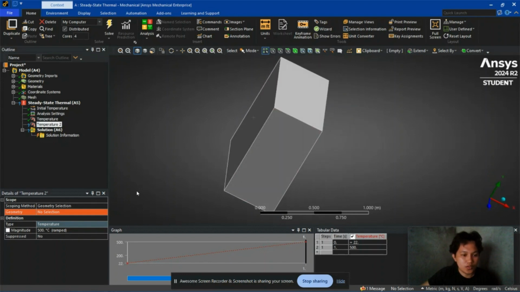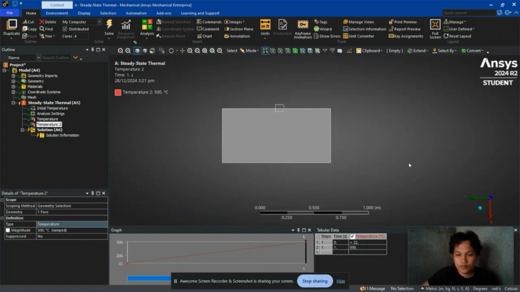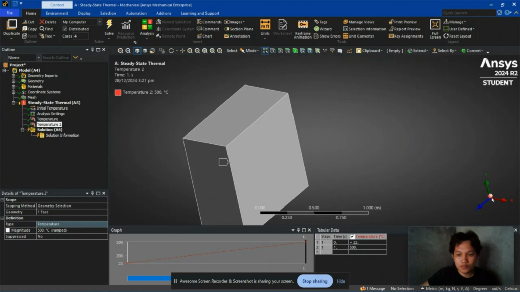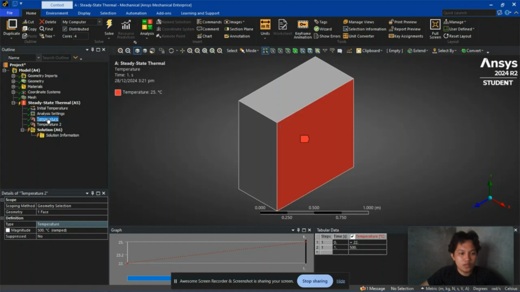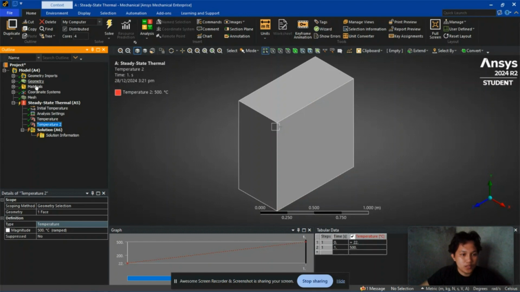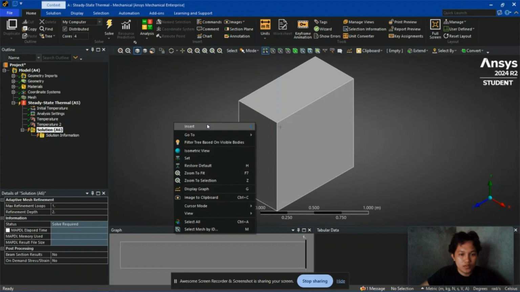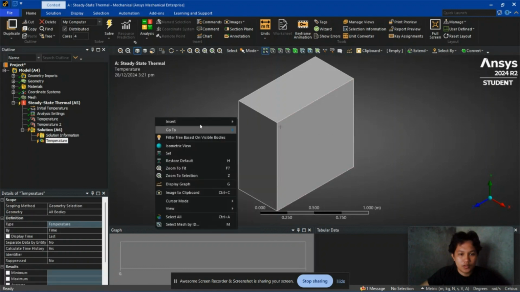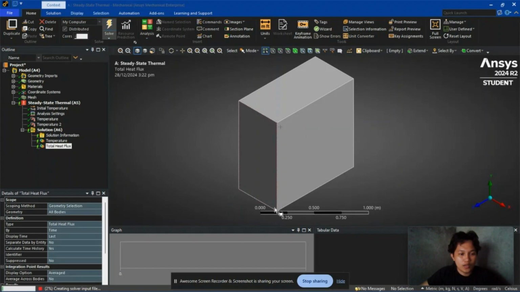Oh, there's no selection of the face. Okay, double check: 25 degrees on one side, 500 degrees on the other. Mesh, it's already meshed. Then addition of temperature and total heat flux. And I hope this works this time.